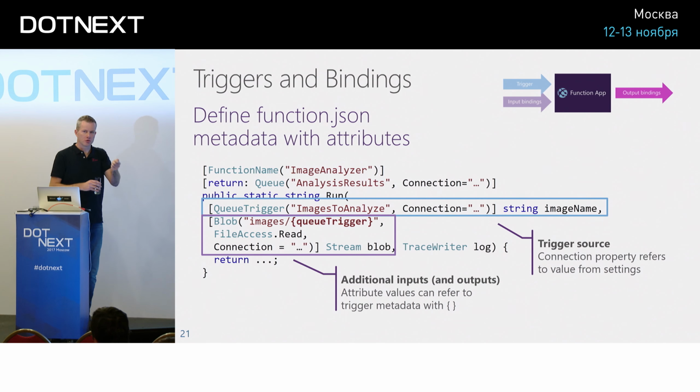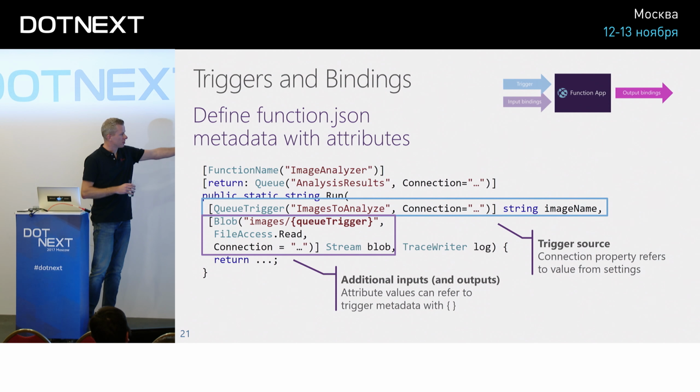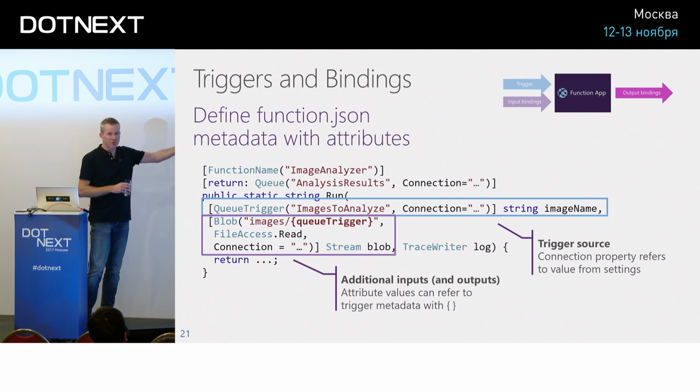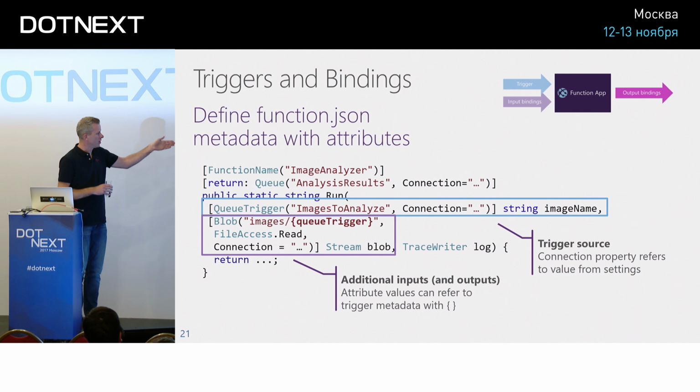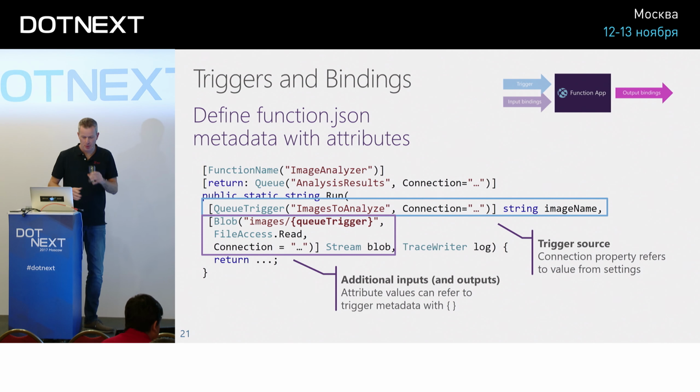The message on the queue contains the name of the image in the blob storage. So the second one is the blob over there. It says, okay, we'll have some input. It's in a blob. It's not a trigger, but just a blob. It's inside of images, and the name of the blob is whatever was given in the queue trigger, so the image name. It's actually a replacement of what arrives in image name.